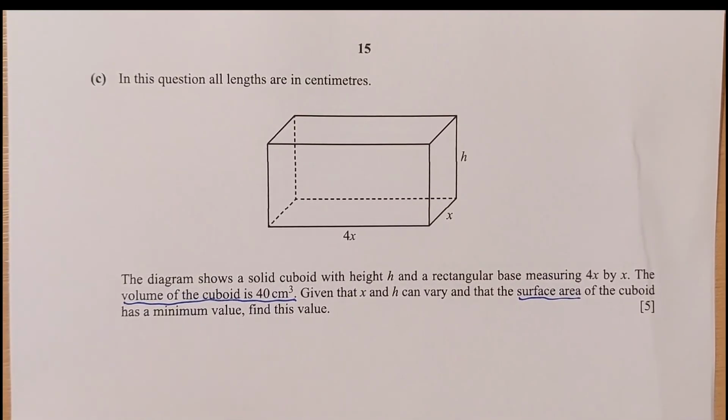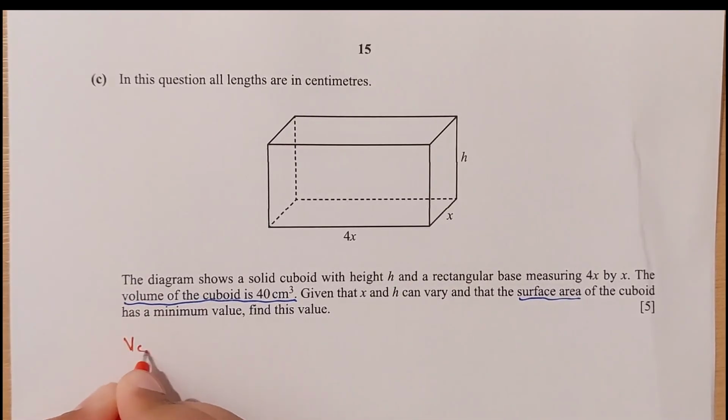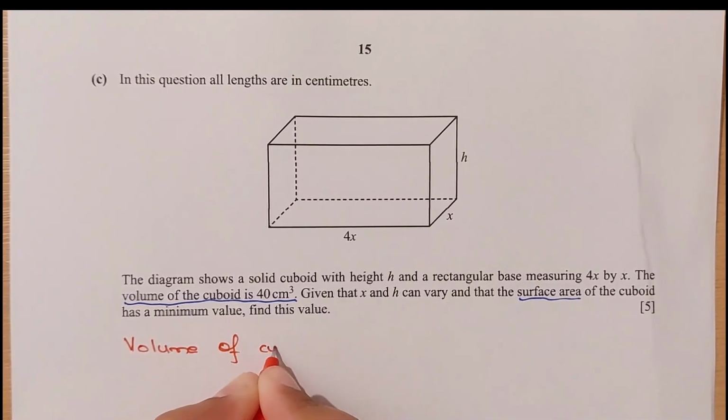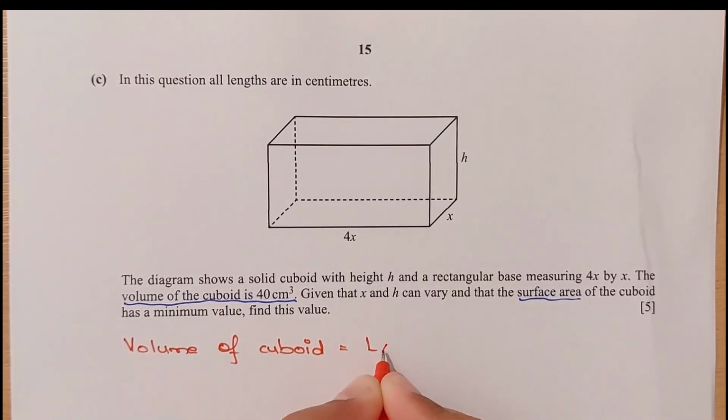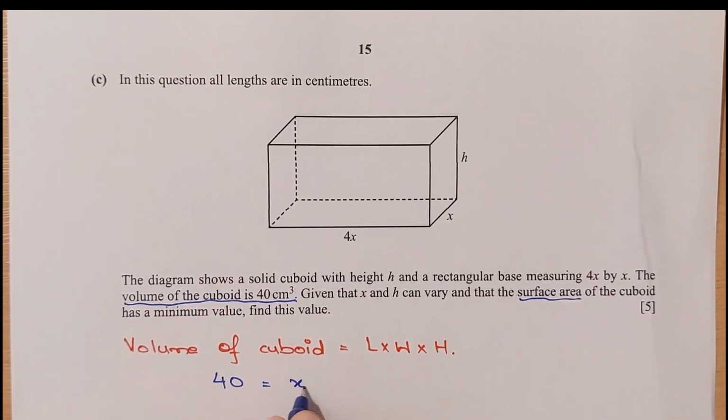So we have given the volume of a cuboid, and the formula for volume of a cuboid is length times width times height, right? So the volume we have given is 40, length is x times 4x times height is h, right?